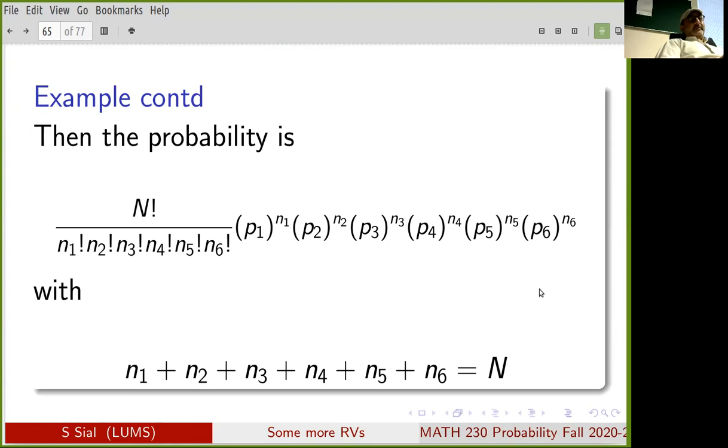So you add all of these up. How many of them are there? Well, it's the number of sequences, which is this coefficient on the left here.